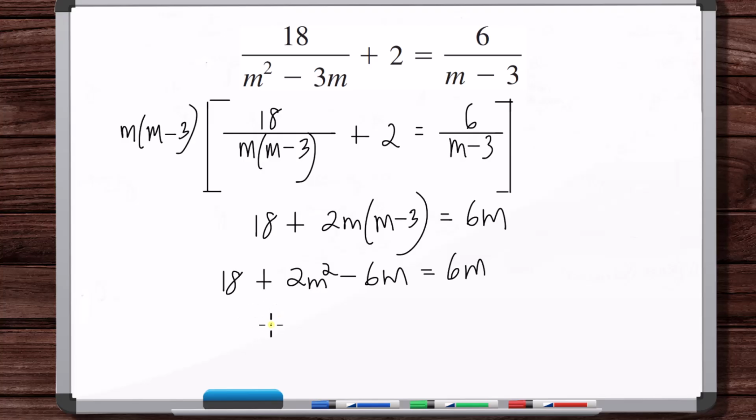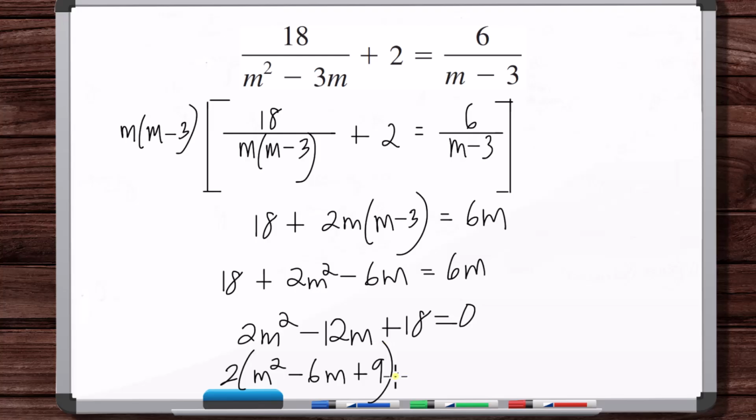Subtracting 6m from both sides, you get 2m squared minus 12m plus 18. Now we can factor out a 2. I believe that's a perfect square trinomial: m minus 3 squared. So m is equal to 3, but that doesn't check out. So there's no solution here. There's no m, as far as real numbers, that you can plug in and get a solution.